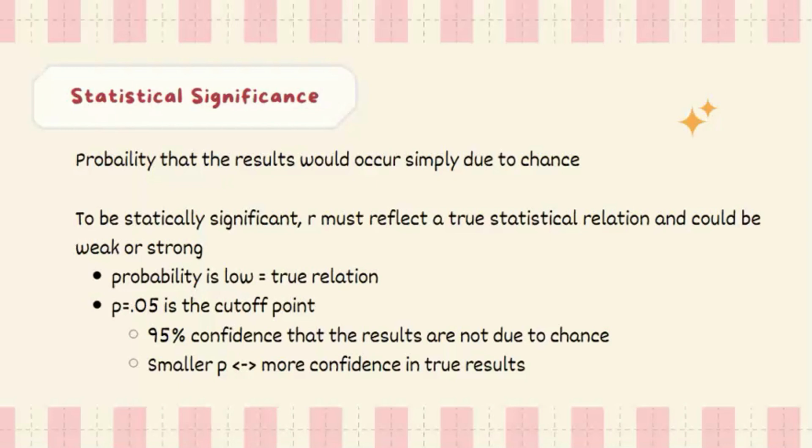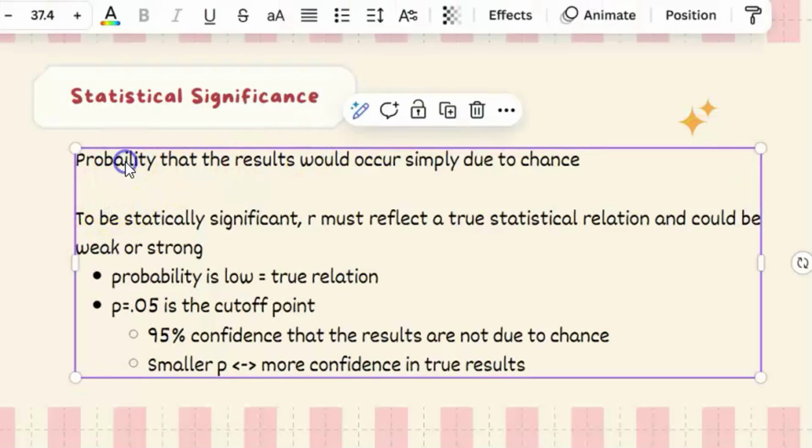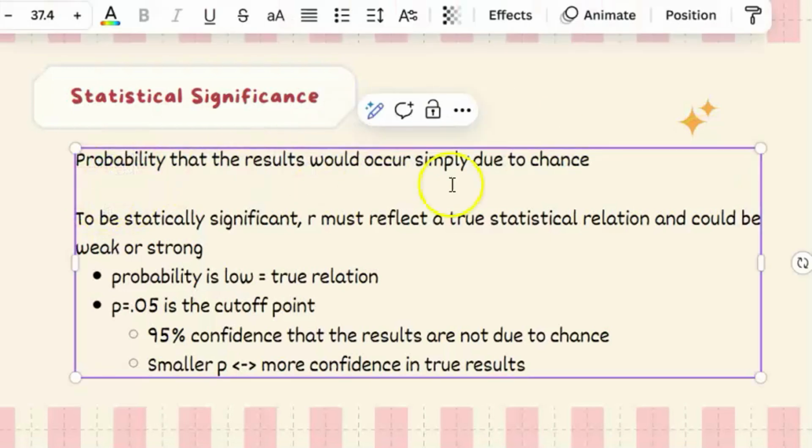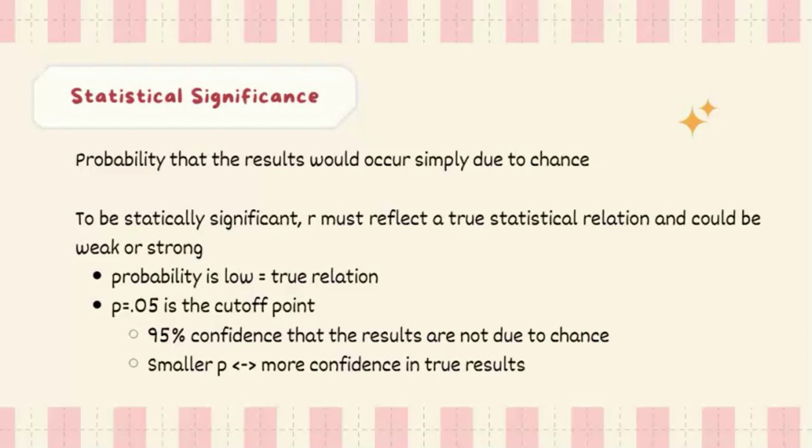So next we talked about statistical significance, which was the probability that the results would occur simply due to chance. To be statistically significant, R must reflect a true statistical relationship and could be weak or strong, but we're saying it couldn't have occurred just due to chance.